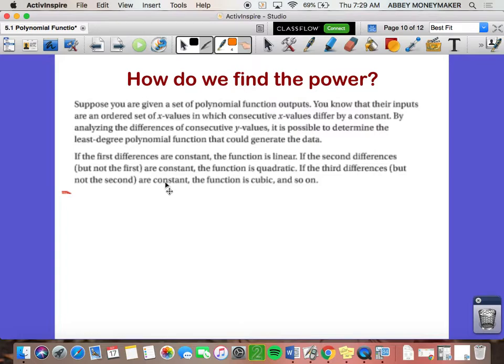Now, in order to determine that, you have to figure out the difference in the y values. If the difference is constant after the first time, it's going to be a linear. If the second difference, but not the first, is constant, then it's a quadratic. And if the third differences are constant, then it's a cubic, and so on. I think this will make a little bit more sense when I do an actual problem.